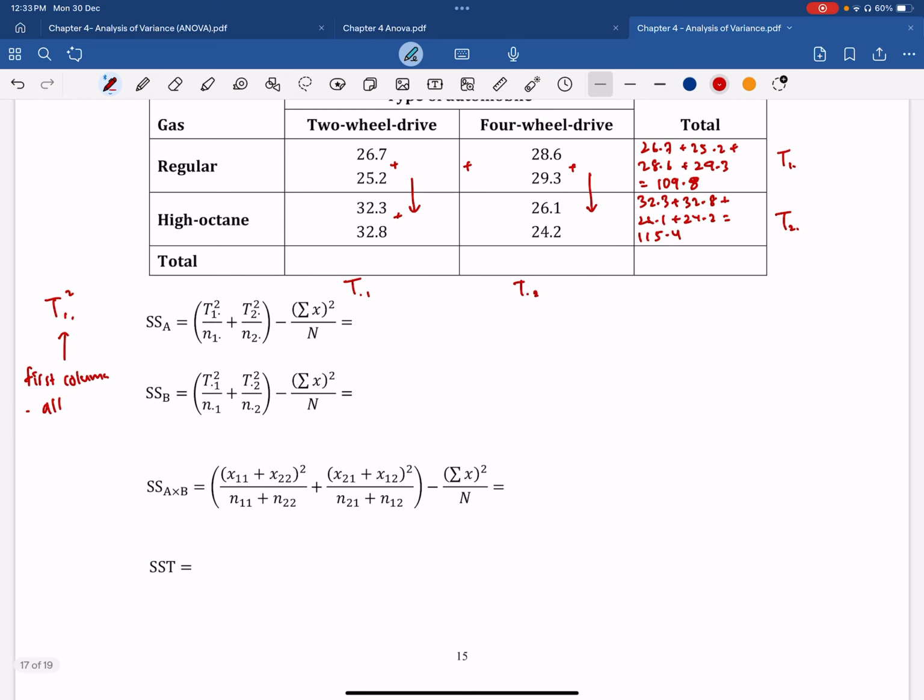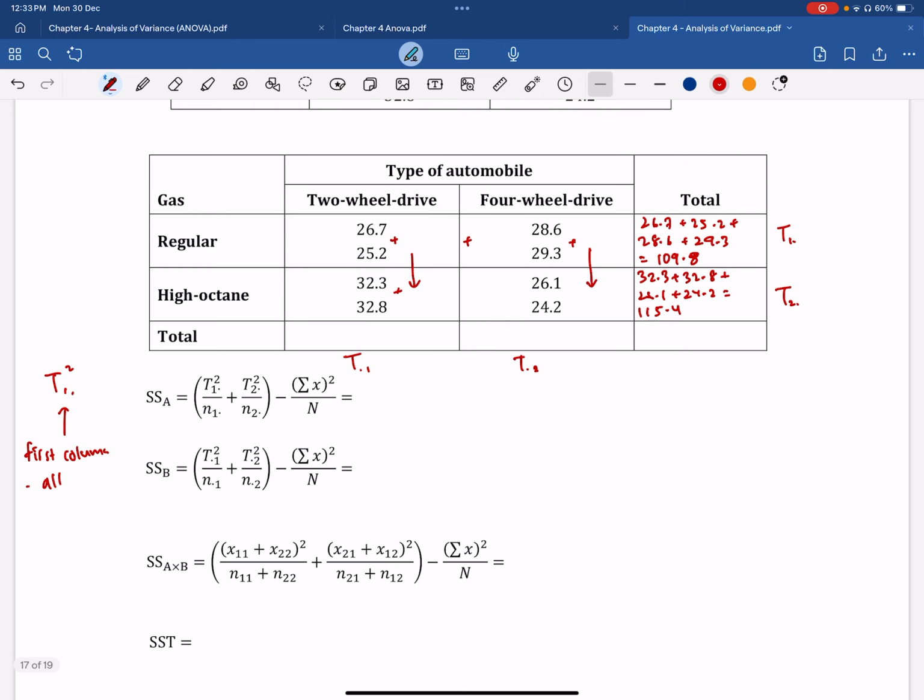So 26.7 plus 25.2 plus 32.3 plus 32.8 equals 117. Then 28.6 plus 29.3 plus 26.1 plus 24.2, you will get 108.2.